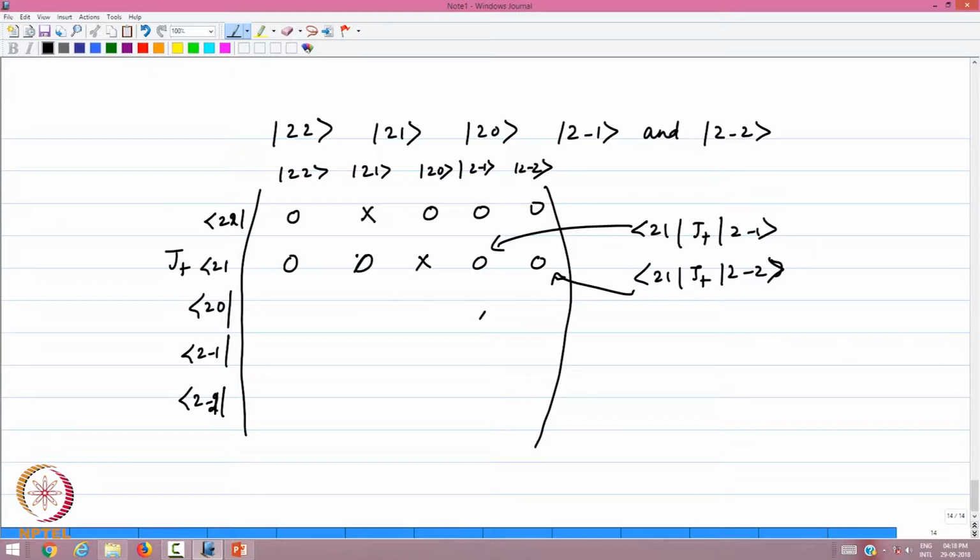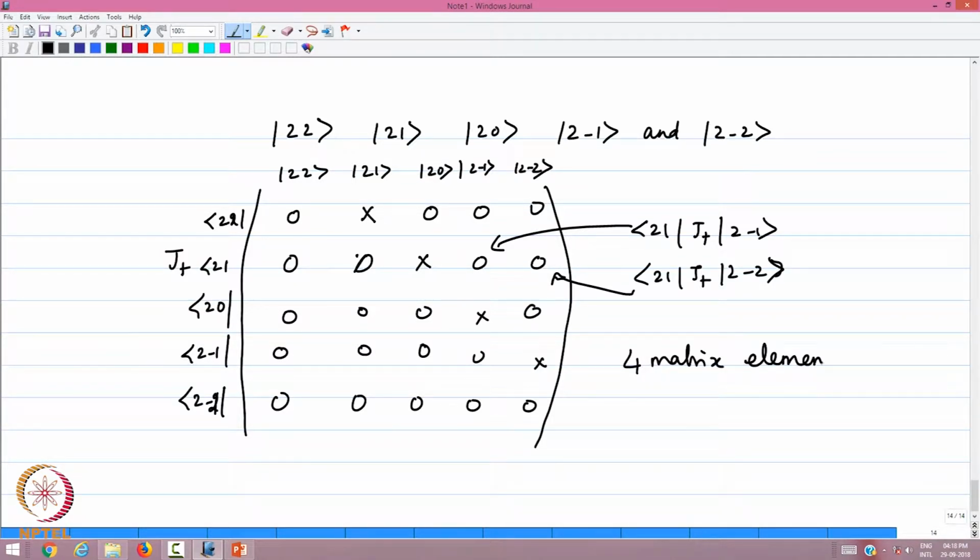So, if you continue this, you can see right away the off-diagonal form, that this is what you will have, and all the 5 elements are 0 because none of them will give you |2,-2> when the j plus acts on them. So, this is 0. Therefore, you have to calculate 4 matrix elements only.